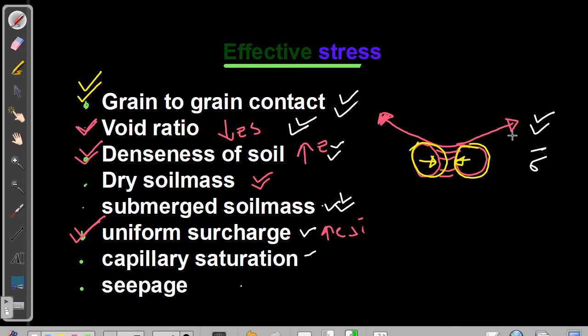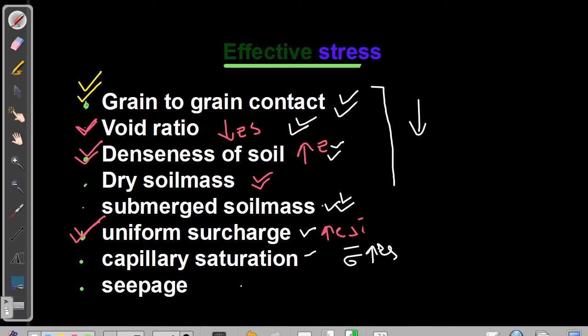The capillary saturation is helping the solids to come closer. Very good, we want that only.